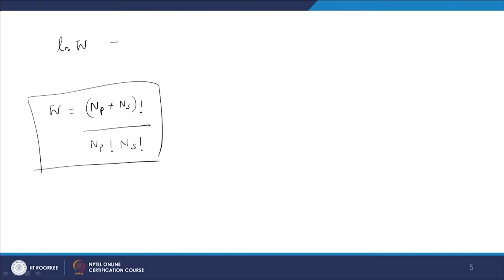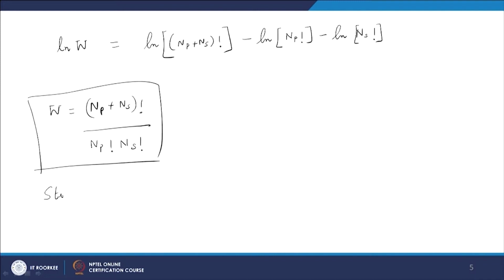So ln of W will be ln of (Np plus Ns) factorial minus ln of Np factorial minus ln of Ns factorial, and we will make use of what is known as the Stirling formula.